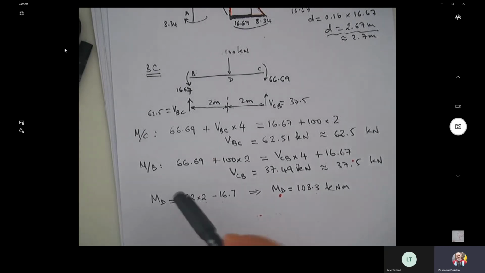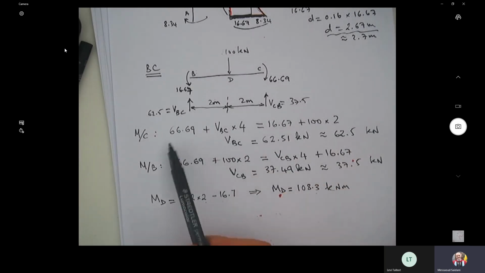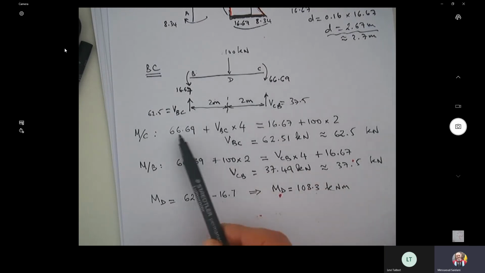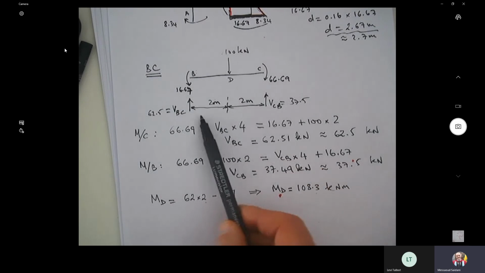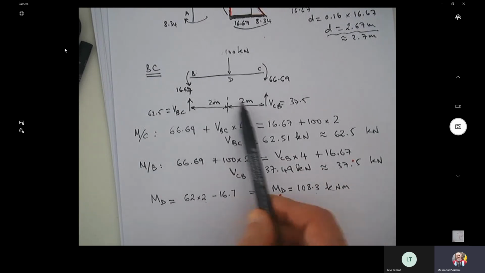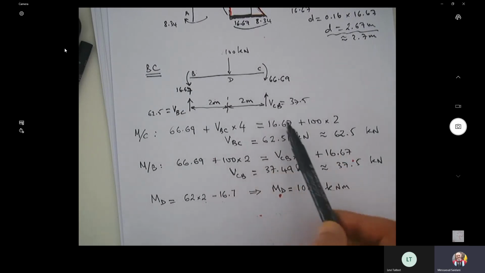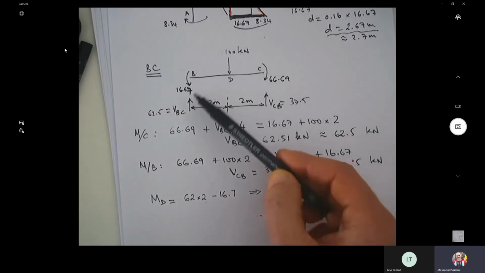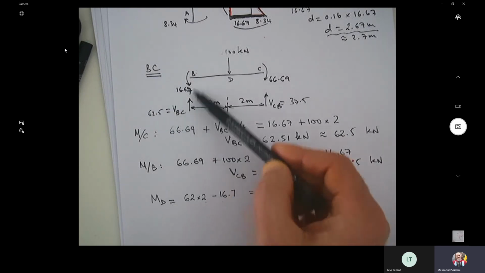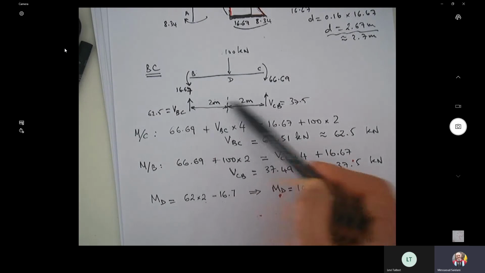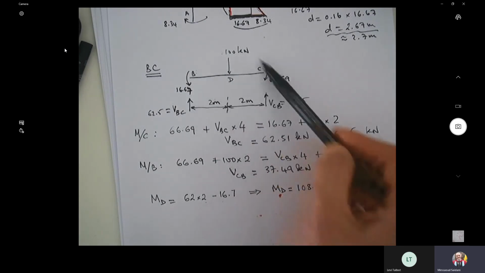I'm just checking the answer for a moment. So, moments about C, we have B, B, C times 4, and we have C, C. That's clockwise.